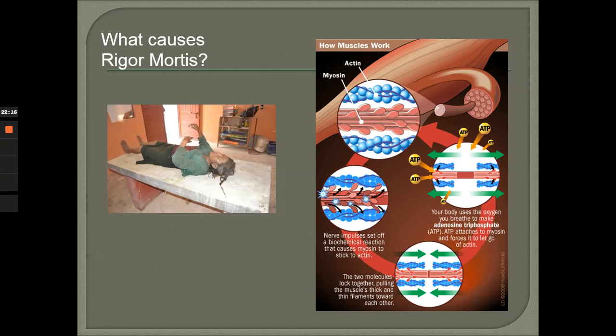All of those muscles are going to stay contracted until those proteins, unfortunately, start to break down after death. Once the proteins start to break down, then the muscles will start to relax and the rigor mortis will go away.